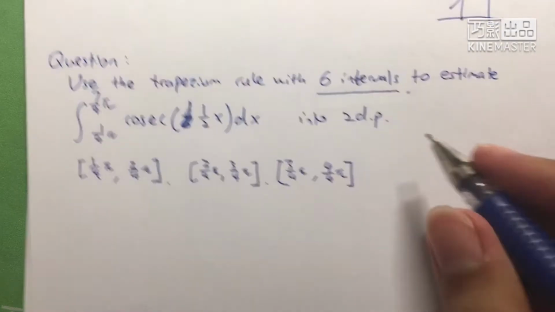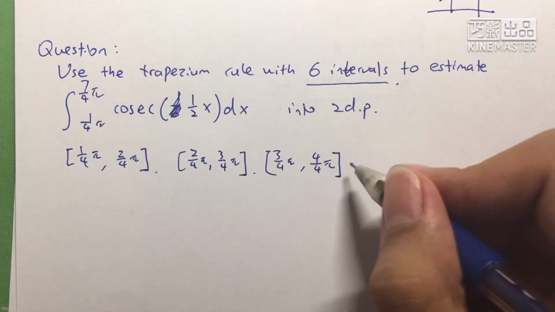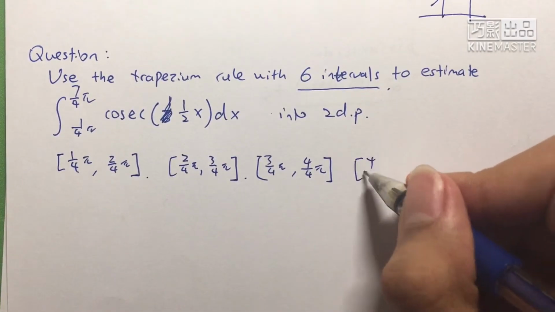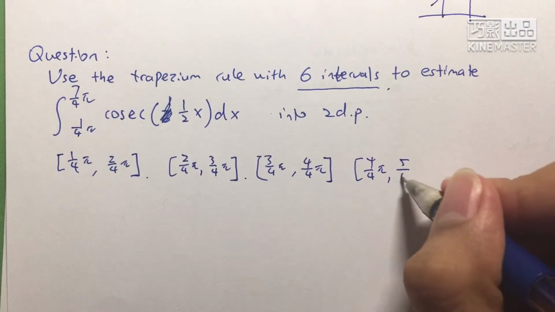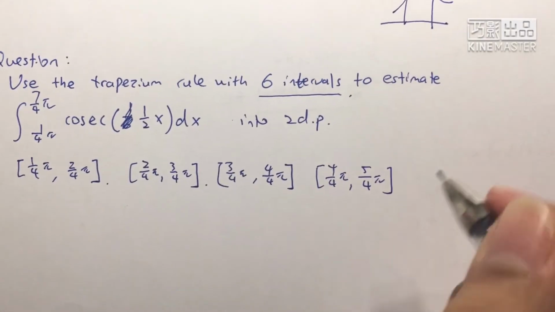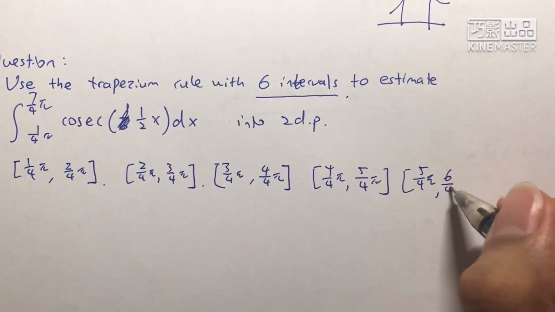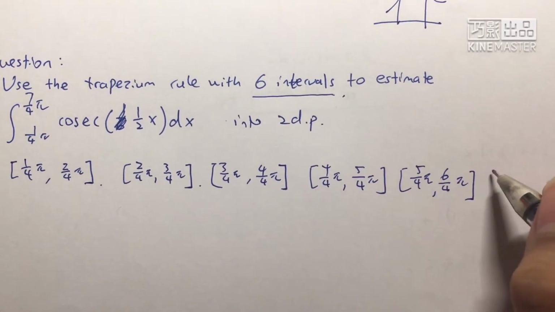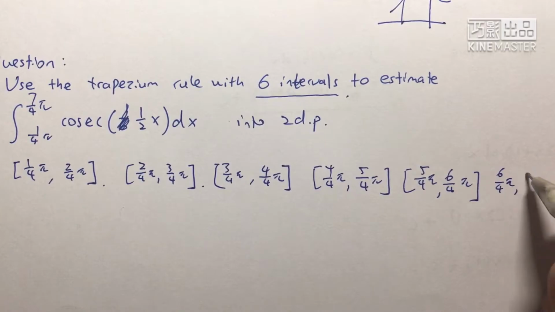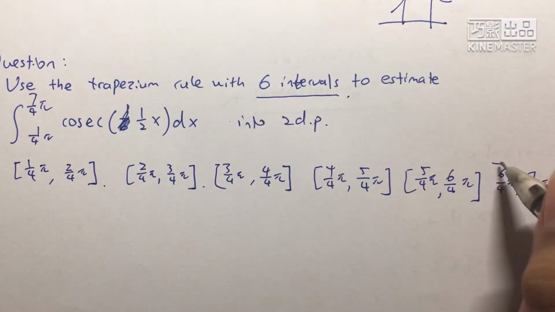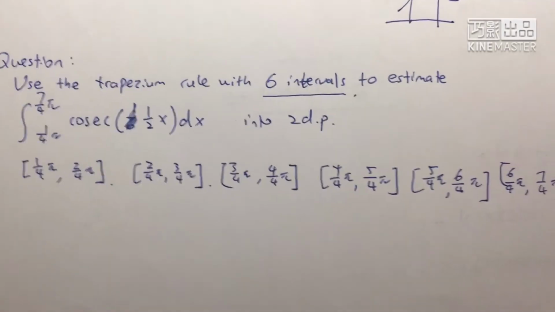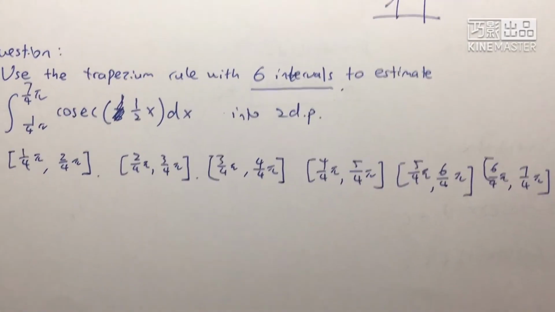So these are the intervals that we should divide into. And 4 over 4 pi to 5 over 4 pi, 5 over 4 pi to 6 over 4 pi, and 6 over 4 pi to 7 over 4 pi. So these are the 6 intervals, which means that we are going to have 6 trapeziums.